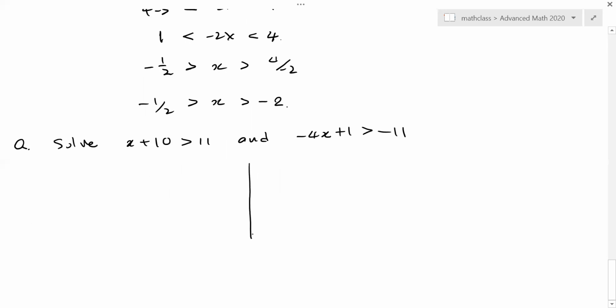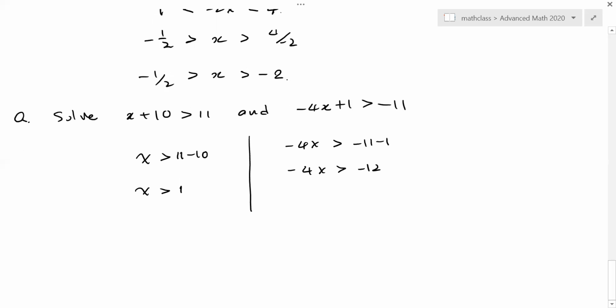So you solve them separately and combine them if possible at the end. So x is greater than 11 minus 10, and x is greater than 1. On the other side, negative 4x is greater than negative 11 minus 1, so negative 4x is greater than negative 12. Now, when I divide both sides by negative 4, I get 3 here. So x is less than 3.